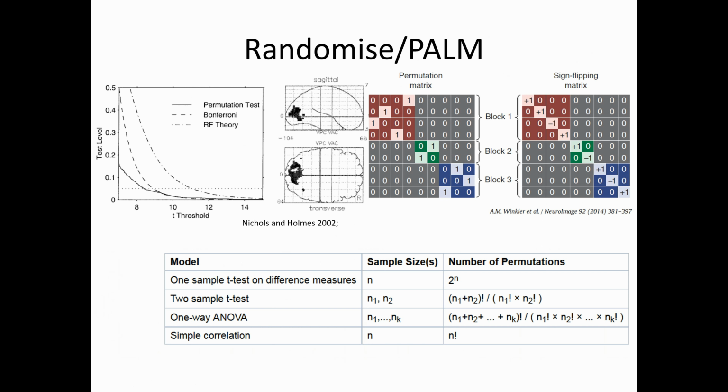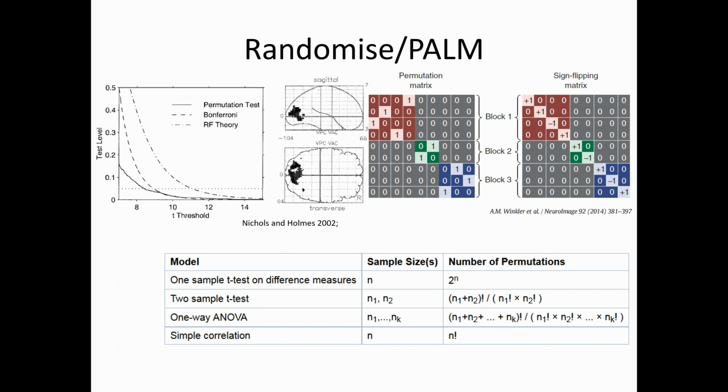So, one thing that can be very helpful in this regard is to permute your data. And FSL was ahead of the curve in dealing with this. They've got randomise and PALM.